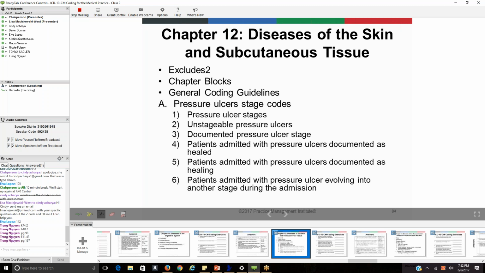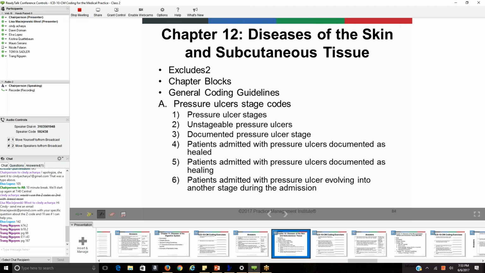Pressure ulcers, bed sores are a very, very common problem in patients who have been hospitalized long-term, who are bedridden, and so ICD-10 took pressure ulcers to a crazy, ridiculous specificity, and they have the stages of the pressure ulcers.